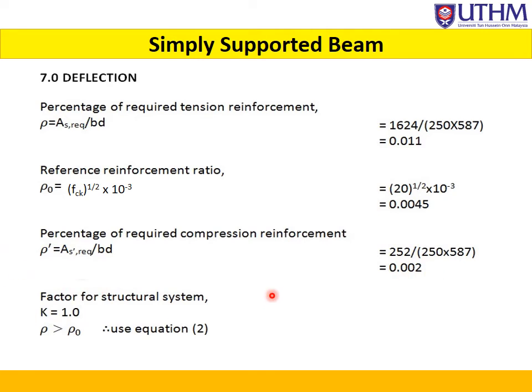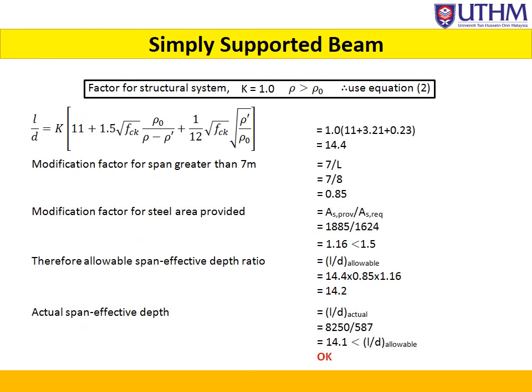This is the simply supported, so our K is 1. We compare our rho with the rho O. Our rho is more than rho O, so we use equation 2 from the Eurocode.